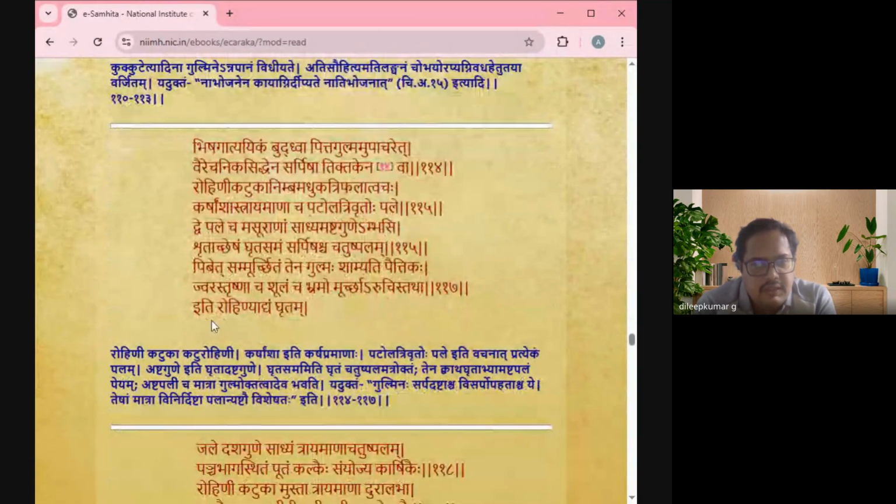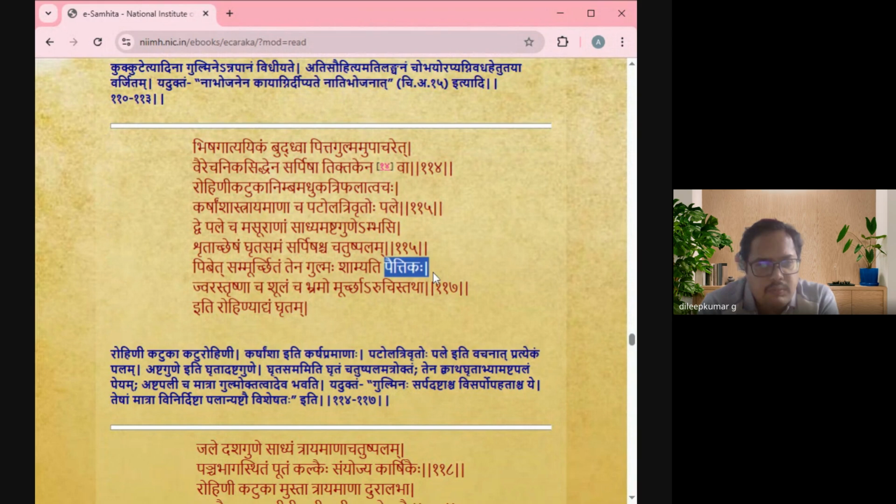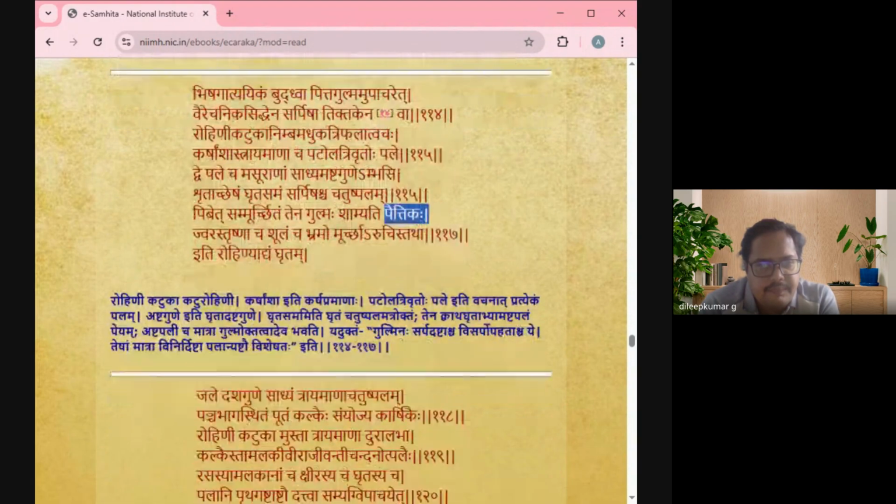Next, Rohinyadya Grutam has been mentioned. This is specially indicated for Paitika Gulma. Rohinyadya Grutam, Nilinyadya Grutam: these are all specifically indicated for Pittaja Gulma.